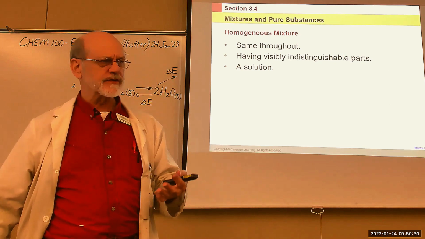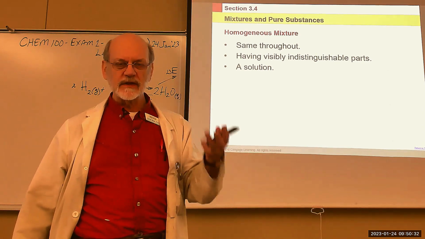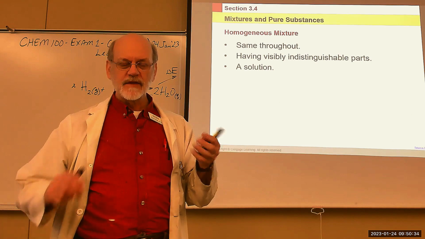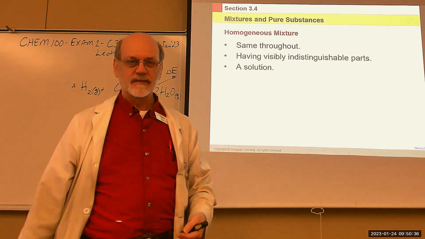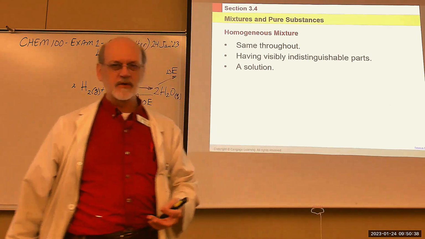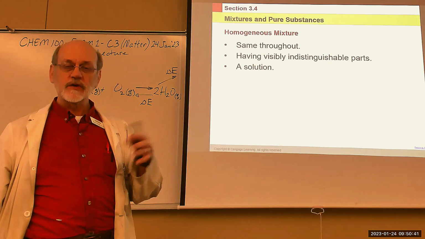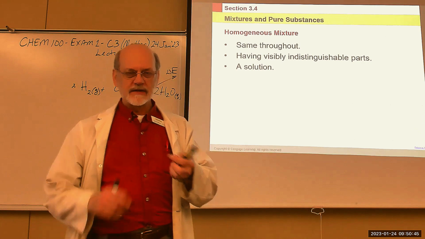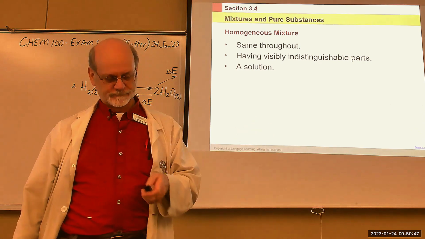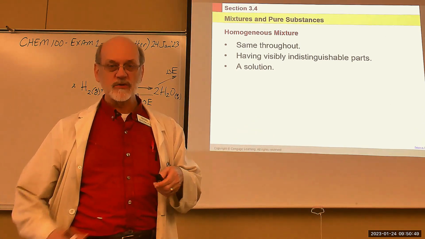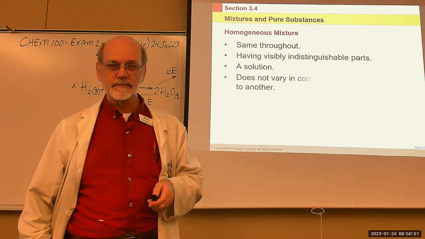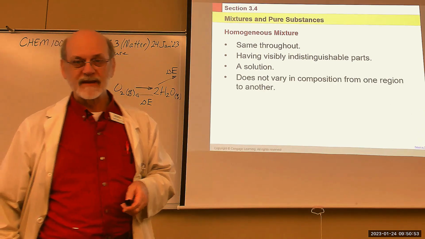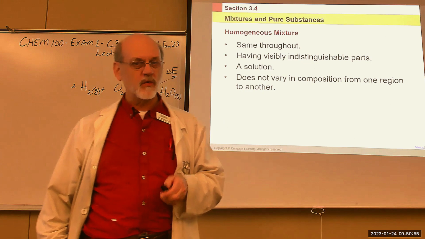We normally think of solutions as mixing a solid into a liquid, and then the whole becomes a liquid. That's one type of solution, where you put, say, sugar into water. A solid goes into water, it dissolves, and it's uniform throughout. That's a solution, a homogeneous mixture. There's no variability, no matter where you look.